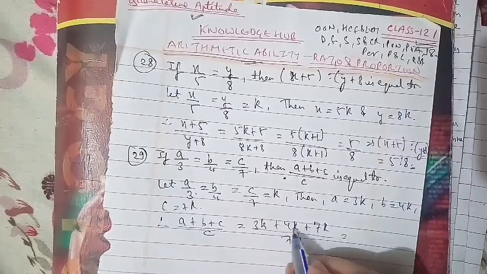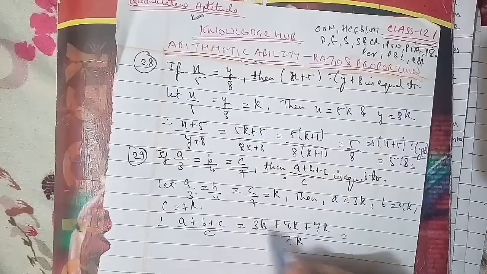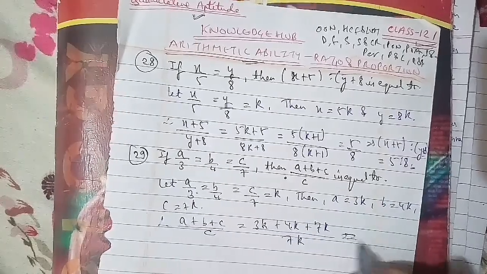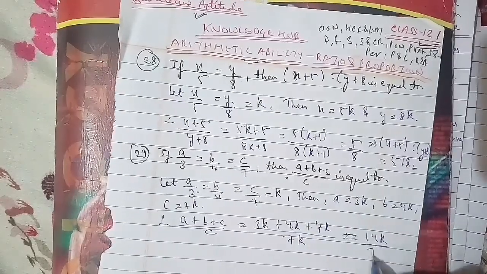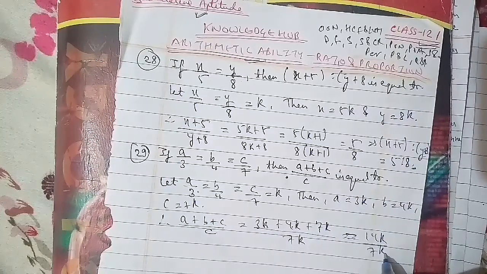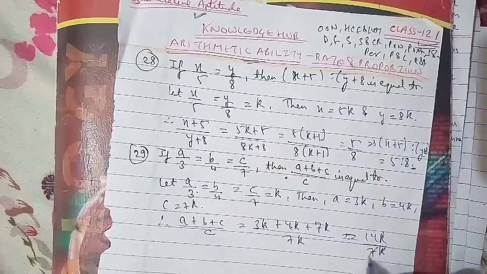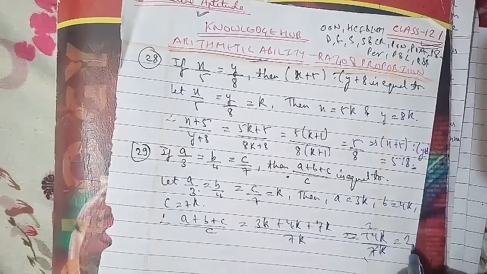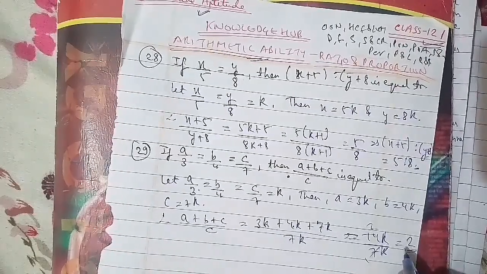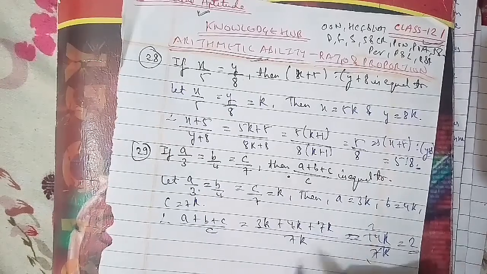It will be 7 plus 3 is 10, plus 4 is 14, so it is 14k upon 7k. When we have this, we cancel out the k's. 7 ones are 7, 7 twos are 14, so we get the answer 2. Accordingly you have to solve it.